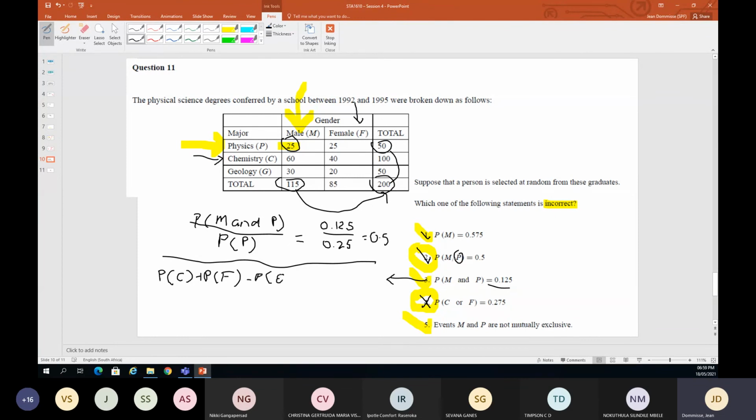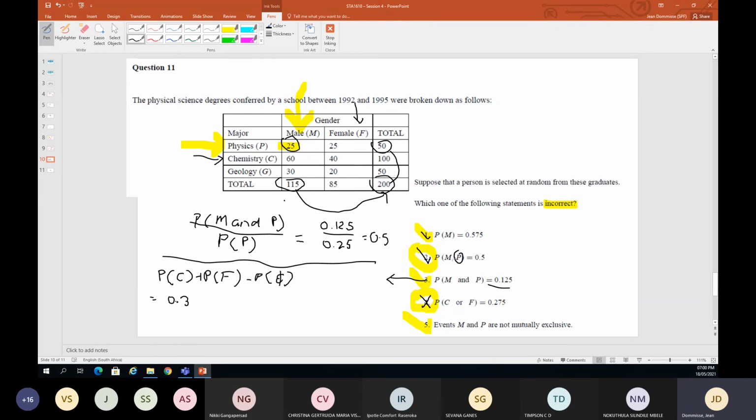So I'm just putting in the AND there. So probability of C would have been 60 divided by 200. So 60 divided by 200 is equal to 0.3. And important to divide it by the total and not just by the total C.